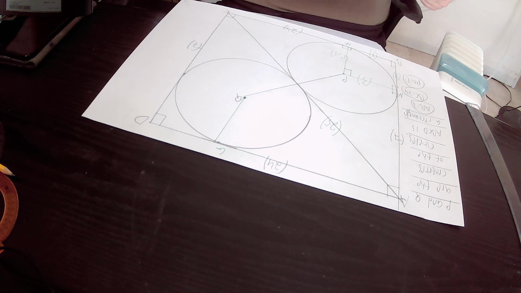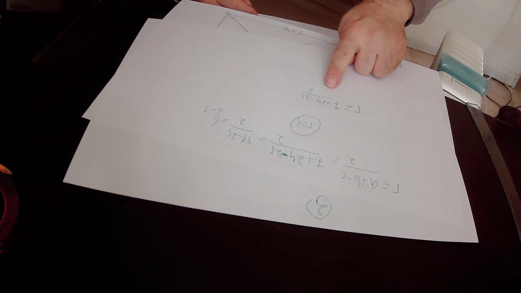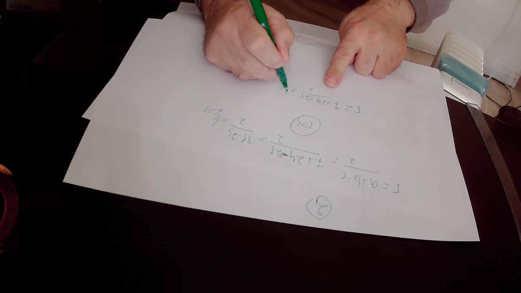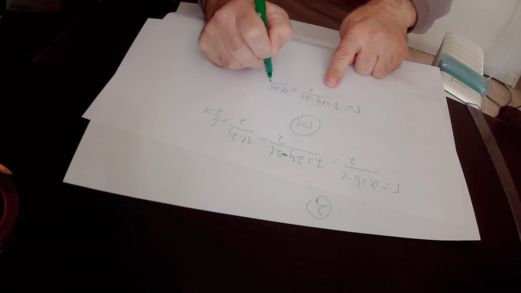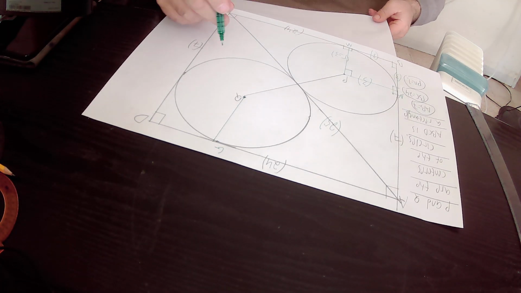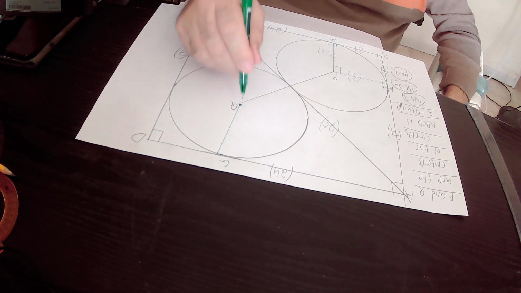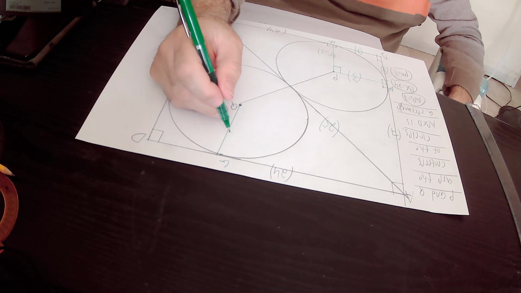Again, the radius of the right circle must be equal to 7 plus 24, that is 31. 31 minus 25 is 6, and 6 over 2 is 3. So I found out that the radius of this circle is also equal to 3 units. Okay, so QG equals 3 units.